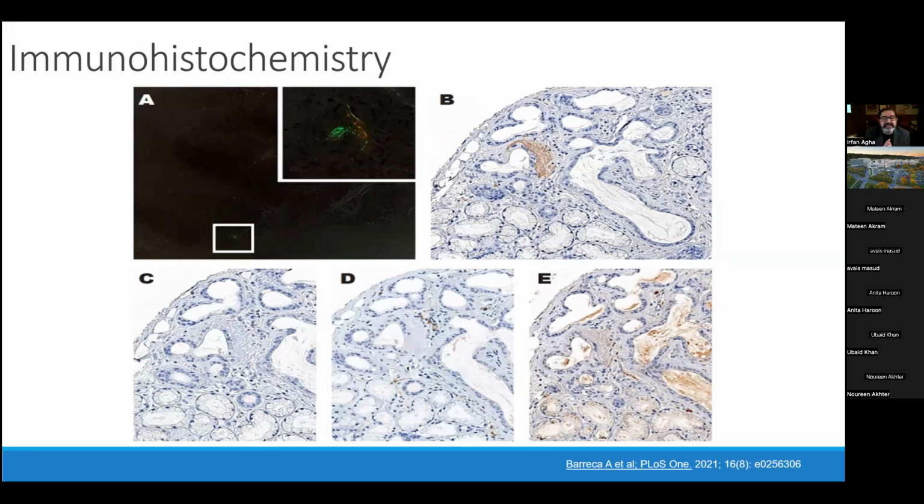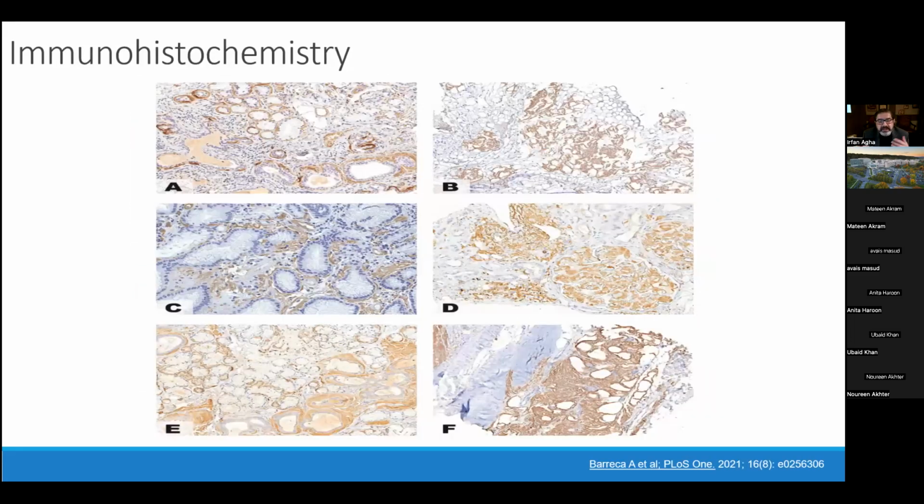So C, D, and E are negative, B is lighting up for ATTR, and based on this histochemical panel analysis, the conclusion was that this patient has ATTR amyloidosis. Similarly, panel A is again a salivary gland, which is lighting up with AL amyloid. So this is lambda antibody here.